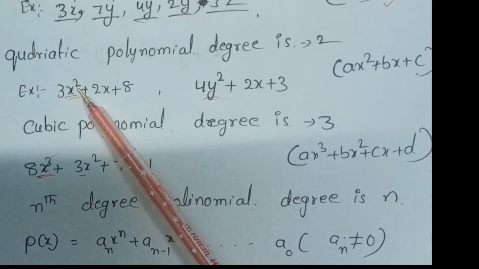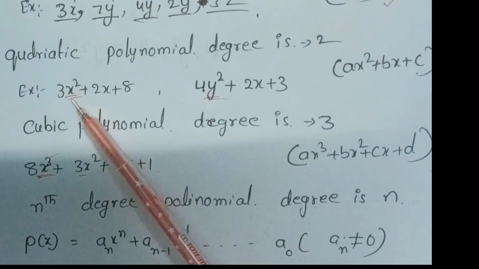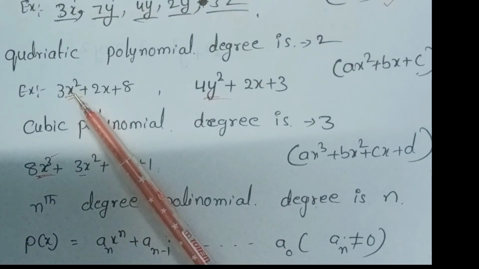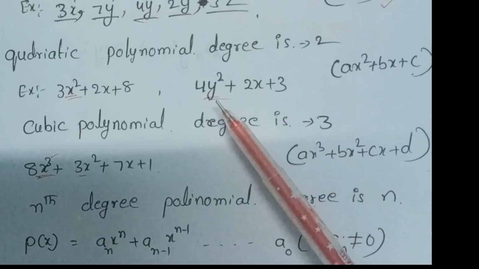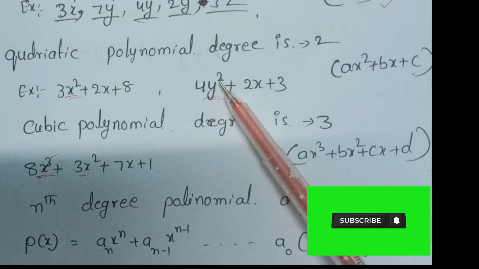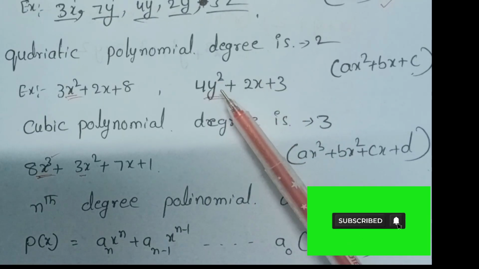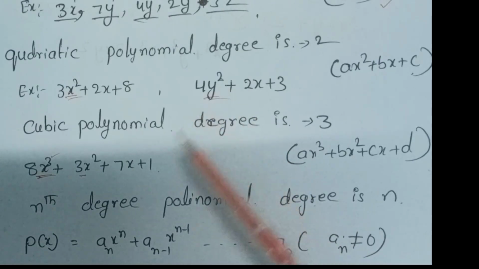So the highest power is 2. This is the degree. This is called a quadratic polynomial. Here also 4y square plus 2x plus 3. Y square power is 2. Here power is 1. This is the highest. Here degree is 2. This is a quadratic polynomial.